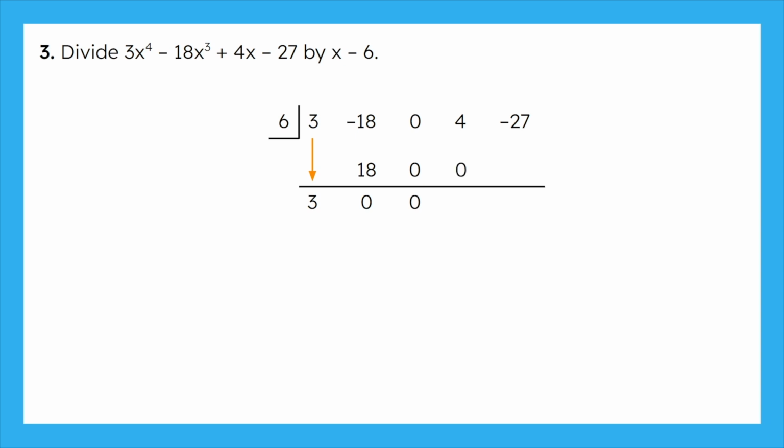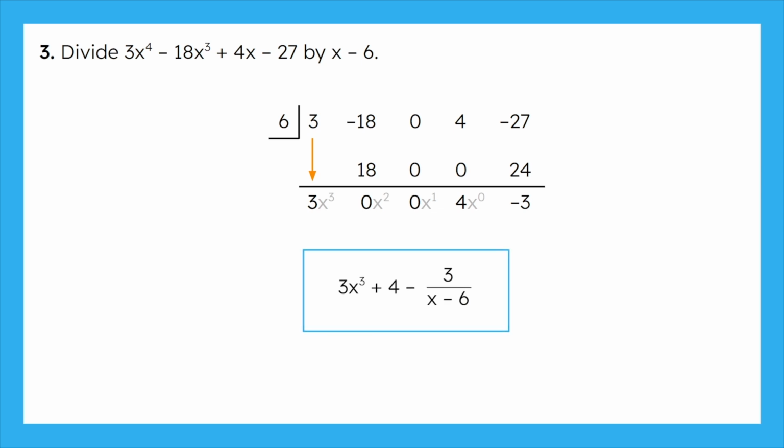Add down, and I get 4. 4 times 6 is 24. Add down, and I'm left with negative 3. Putting all our variables back in gives us our final answer of 3x cubed plus 4 minus 3 over x minus 6. Pause the video to correct any mistakes before moving on.